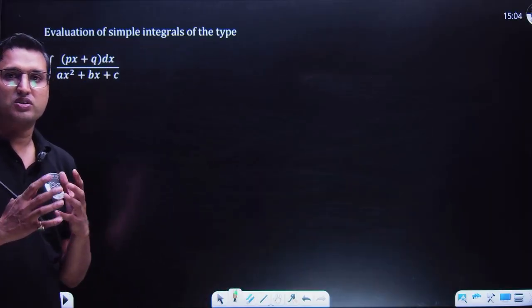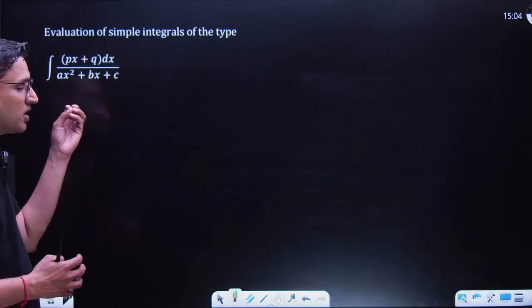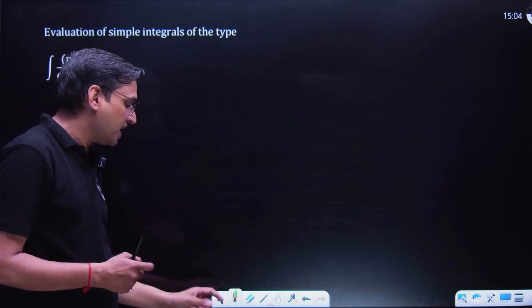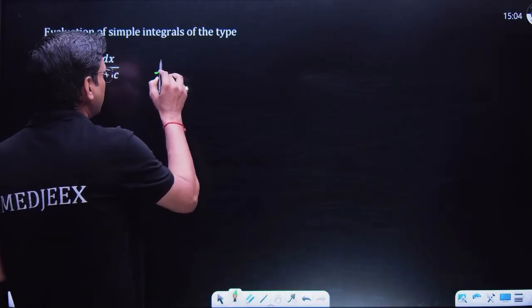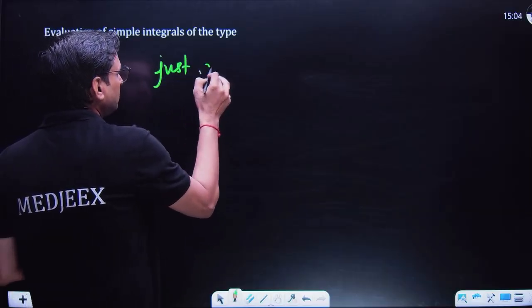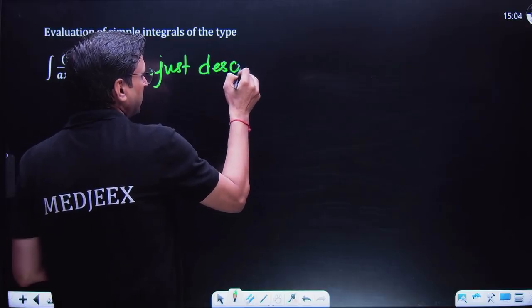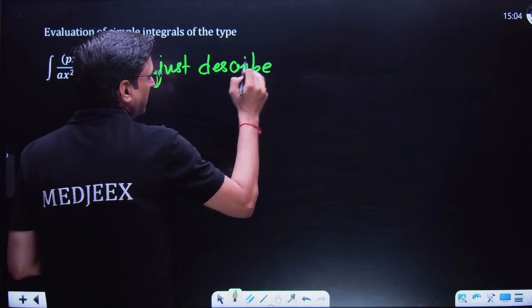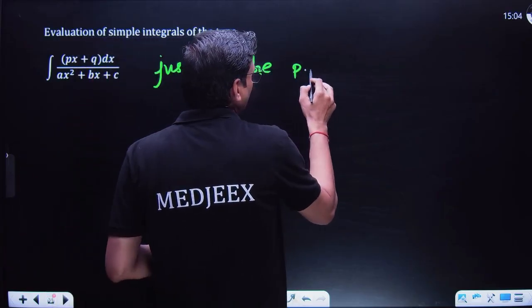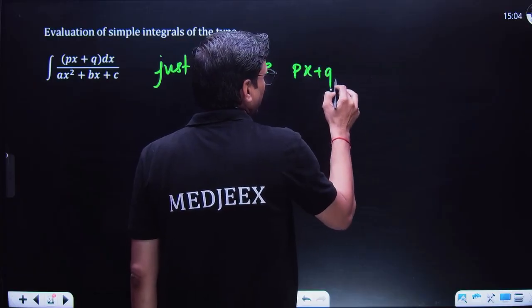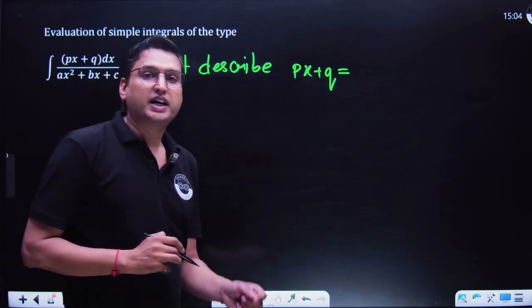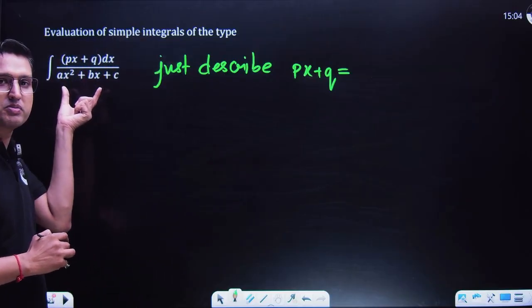Sometimes the students get puzzled with this thing. To resolve this particular situation, I can say one thing. Just describe px plus q into the format of the differential coefficient of ax square plus bx plus c.